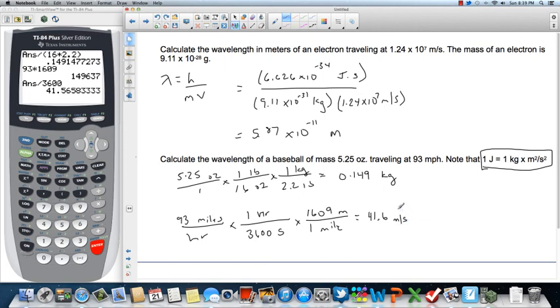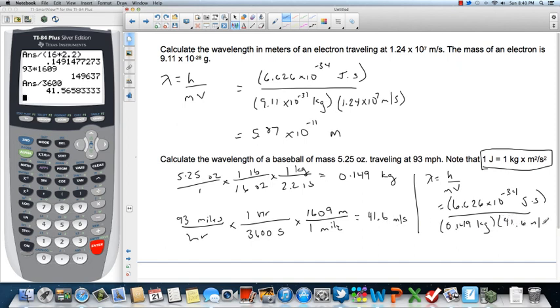Now once we have these two things in here, we can go ahead and do the calculation just like we did up here, where lambda equals h divided by m times v: 6.626 times 10 to the negative 34th joule seconds, divided by, we know the mass now to be 0.149, and we know the velocity to be 41.6 meters per second.